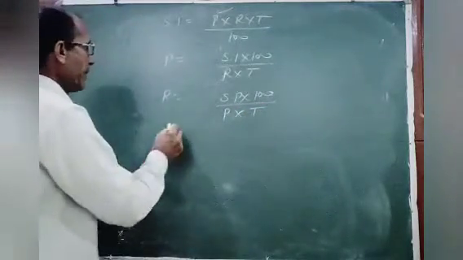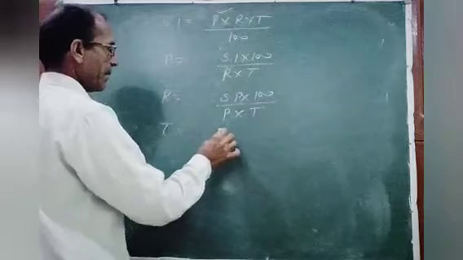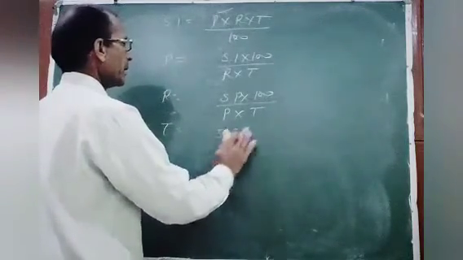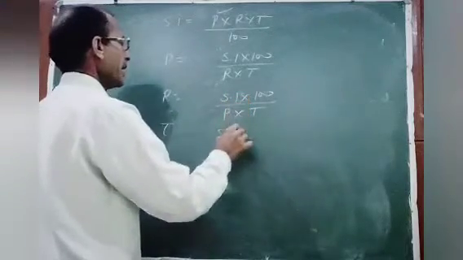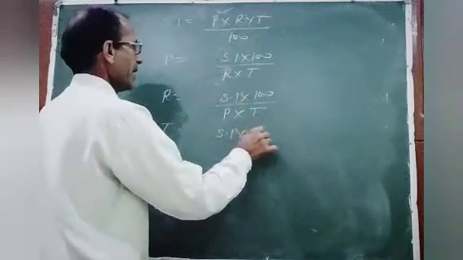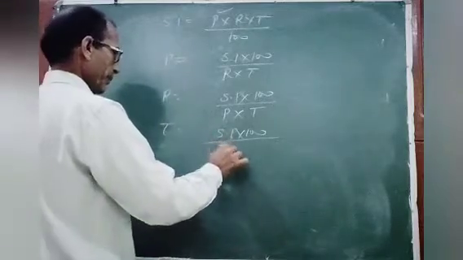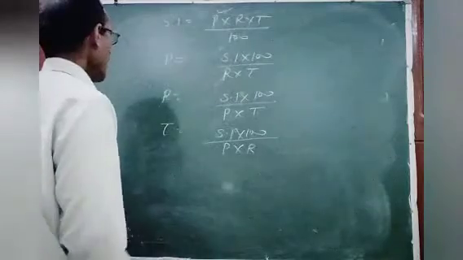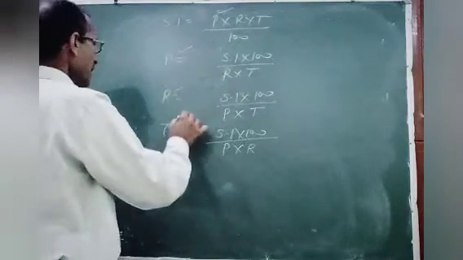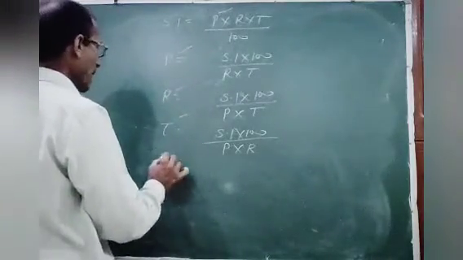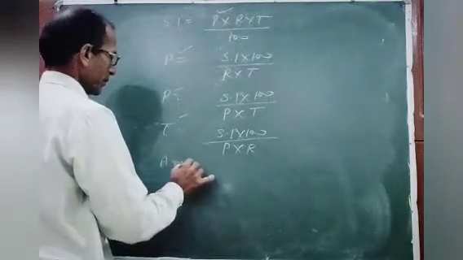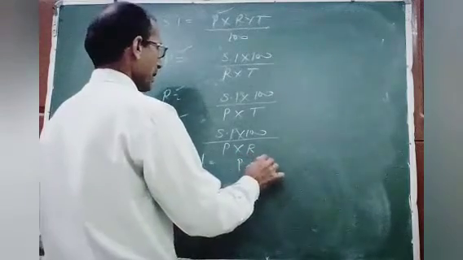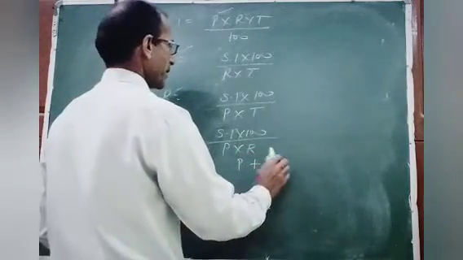If we have to find time, it will be simple interest multiply by 100 upon P multiply by R, it means principal multiply by rate. Now if we have to find amount, it is principal plus simple interest.